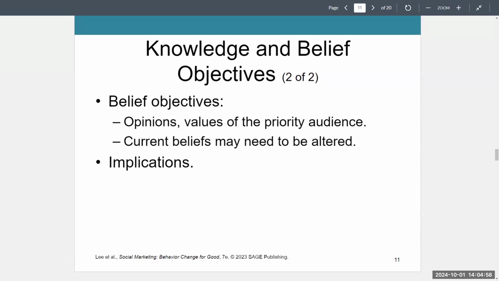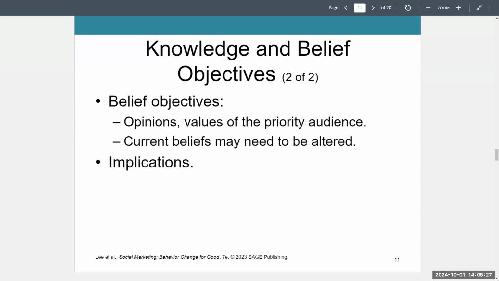Now on to the beliefs. Beliefs, very similar, but the objective here is to change someone's opinions and values of the priority audience. And so you are creating campaigns that will help alter what they believe about your behavioral change issue, okay?